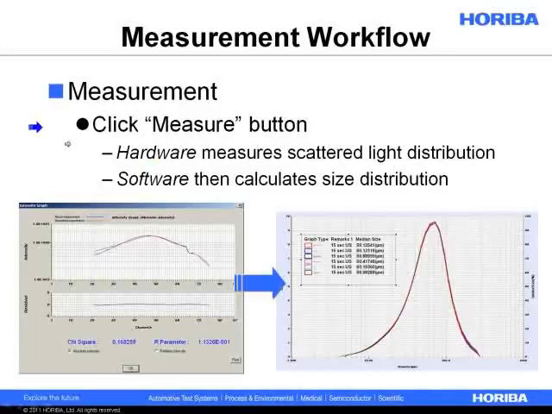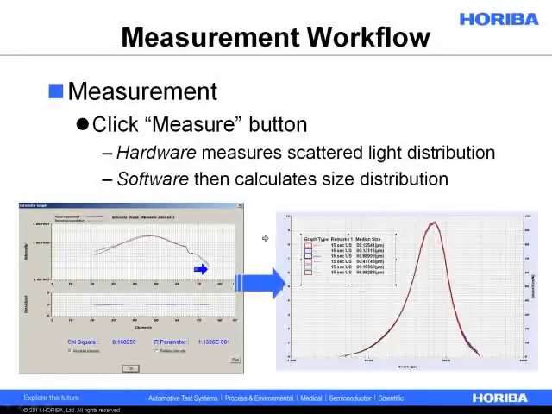And the key distinction I want you to take away here is that the hardware measures the scattered light distribution, which is here, whereas the software then calculates that and turns it into a size distribution. So really, all your analyzer is doing, for all the money that you paid for it, is collecting the angle and intensity of scattered light.